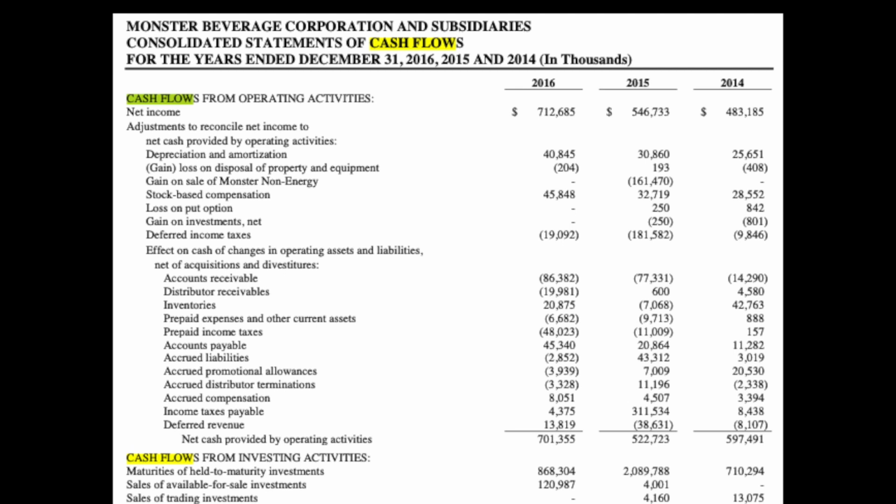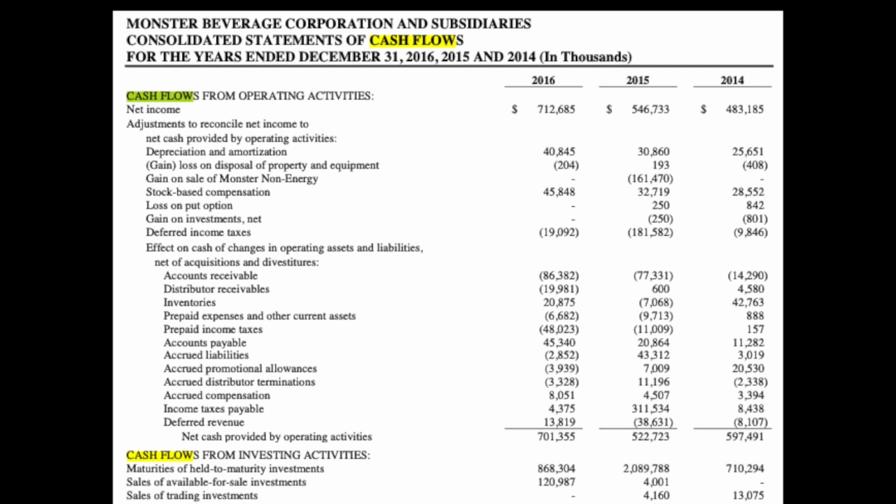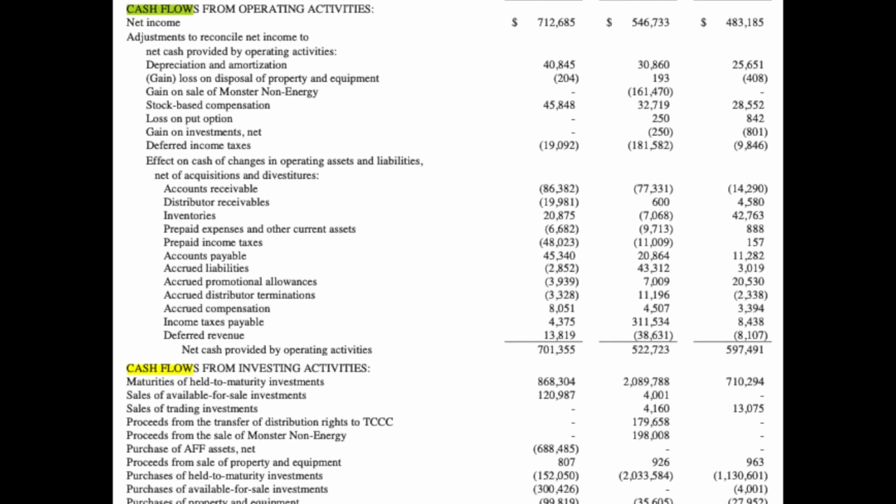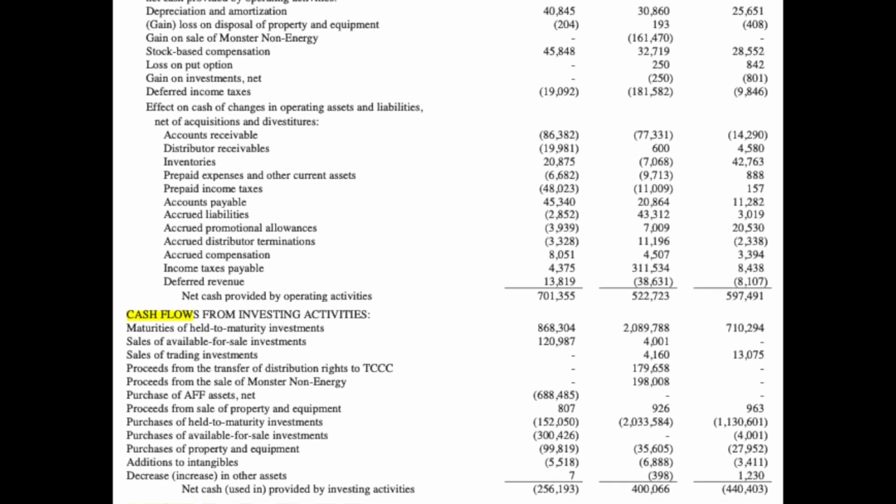At the top of the screen, you see the cash flow from operating activities, slightly increasing from 2014, 15, 16, and nothing really outstanding for the operating cash flow. But the big change that we see for the cash balance is due to some changes in the later part of the statement.